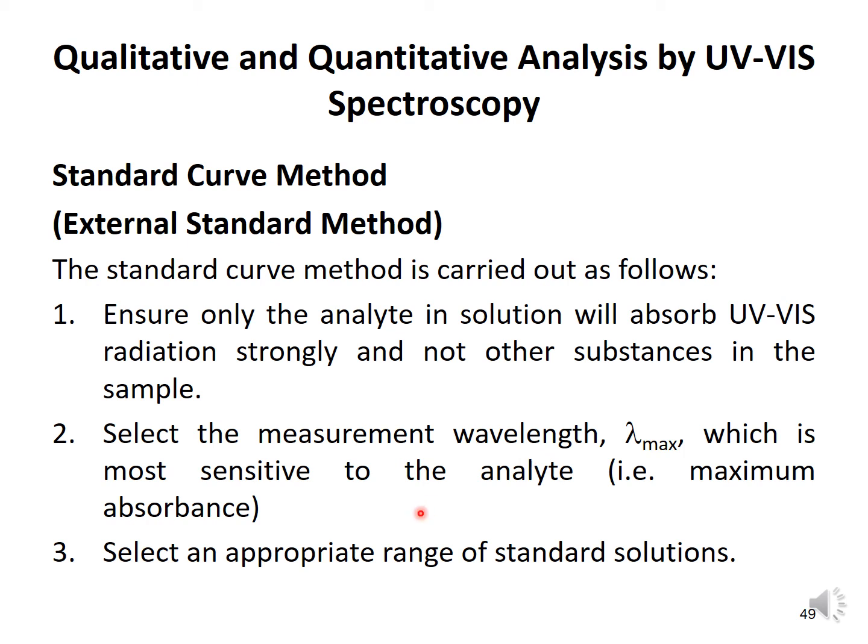Next, select an appropriate range of standard solutions. In order to run your sample, you must know the range of standard solutions. Basically, you need to know the common concentration of your analyte, then you can prepare the series of standard solutions that you need.